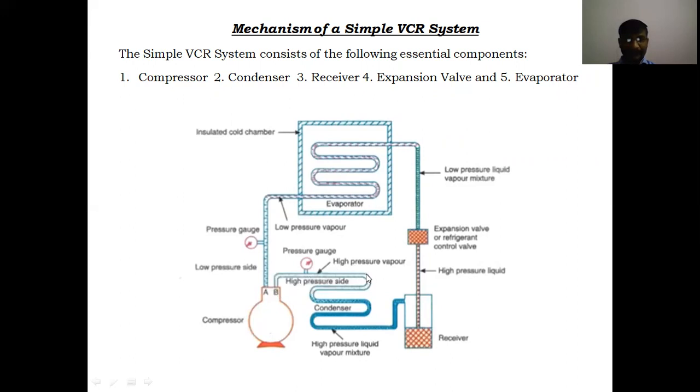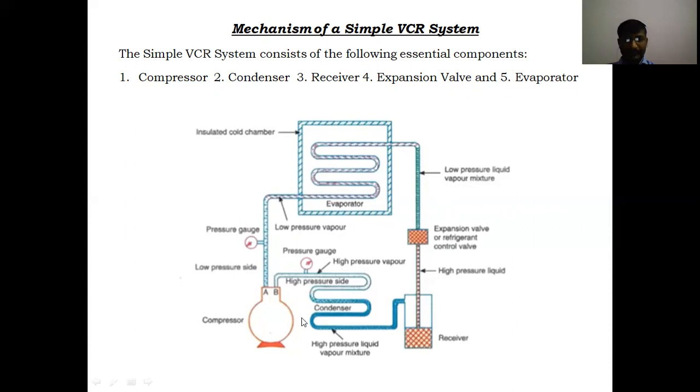That high pressure vapor will be sent to the condenser coil, which is a copper coil, in which the cooling media, air or water, can be used for cooling purposes. In the first few coils of the condenser, the vapor will be cooled, its temperature decreases, and it is converted into dry saturated vapor.